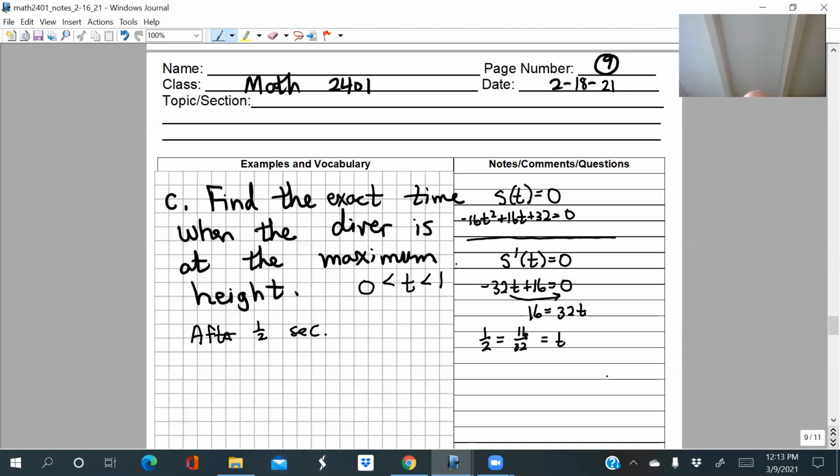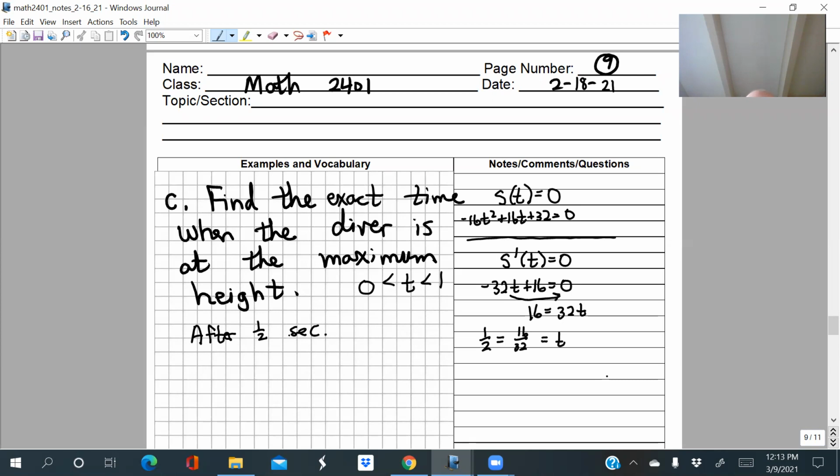Notice this is a parallel you want to pay attention to. Here we set the original function to 0 to find when the height was 0. Here we set the derivative function to 0 to find when the rate of change, in this case the velocity, is 0.